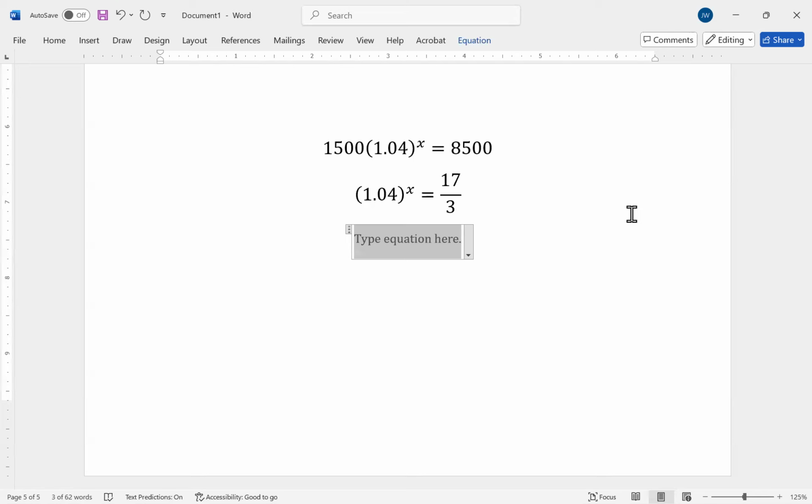And then again, I can take either log base 1.04 of both sides, or I can take the natural log of both sides. I think what I'll do is take the natural log of both sides on this one, and then on a future one, I'll probably take a log of that base. So I have natural log of 1.04 raised to the x power is equal to natural log of 17 over 3.